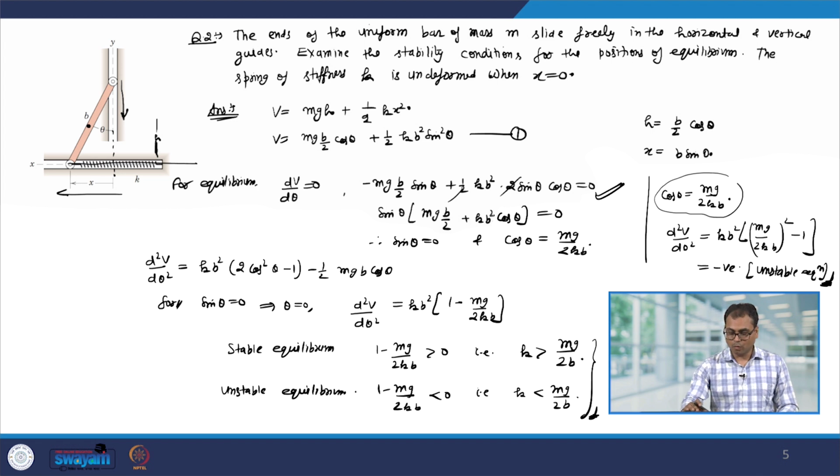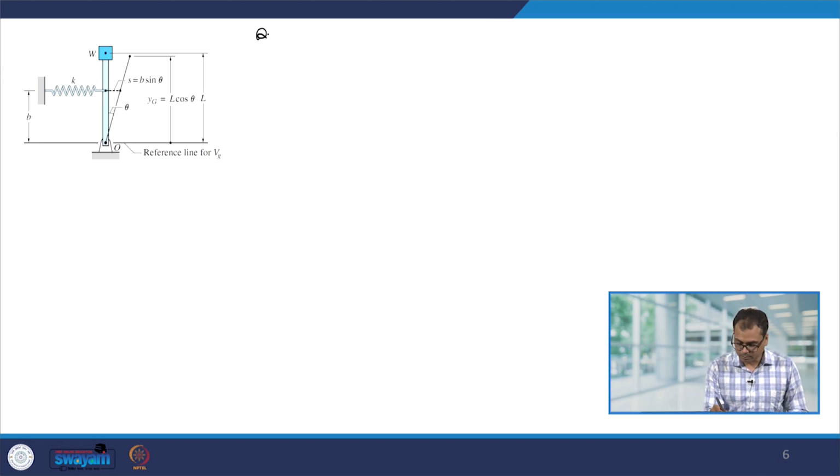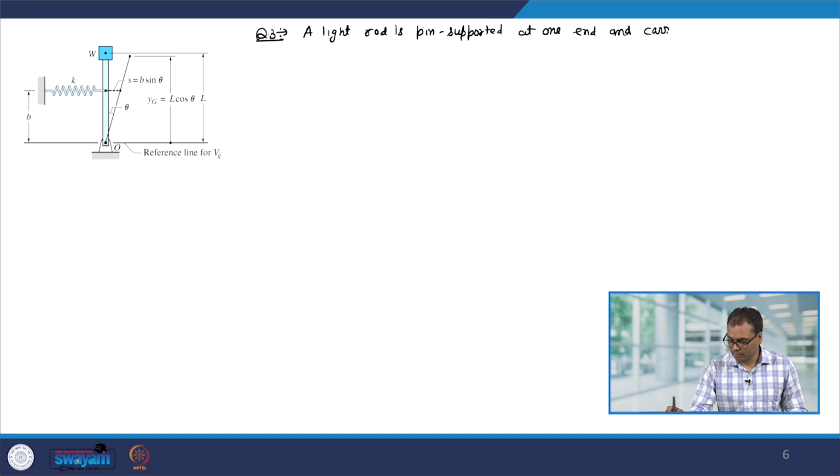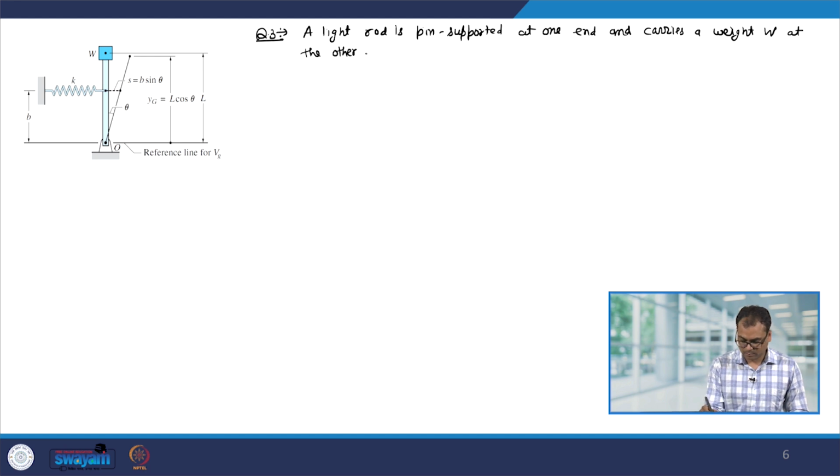Now, let us look at one more problem, and the problem statement is following. A light rod is pin supported at one end and carries a weight W at the other end, as shown in the figure.